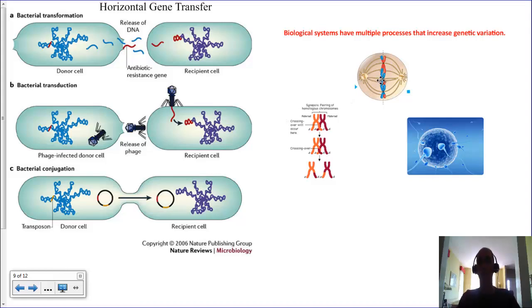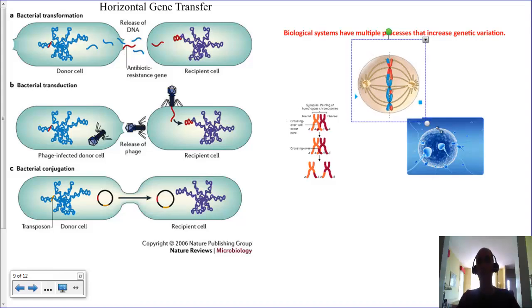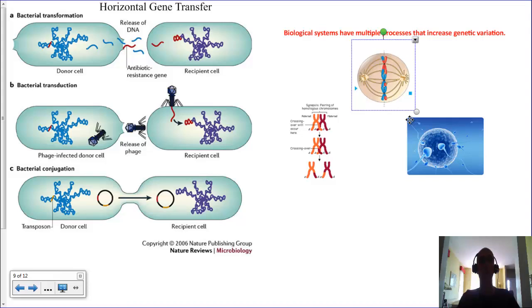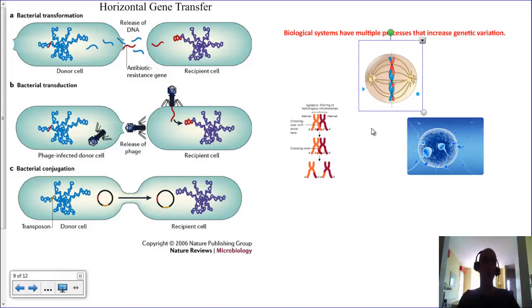Far more familiar to you guys are the things that we see in eukaryotes, and that includes meiosis. In meiosis, we have a couple of things going on. We know that during the lining up at the metaphase plate, the chromosomes line up randomly, and as a result, you can pick up chromosomes from mom or dad, but not both.